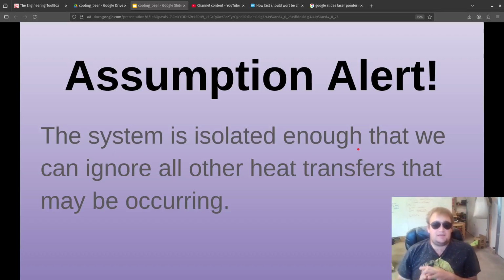So there will be other heat transfers occurring. However, same as the previous assumption, I am making this assumption to simplify the calculations, and I am assuming that it won't make the result of the calculations so inaccurate that they are unusable. If you disagree with that, again, please go in the comments and let me know.